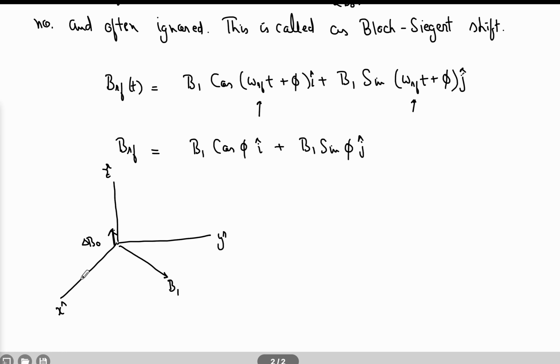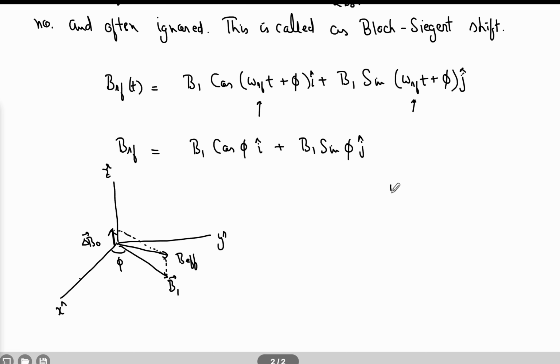And if this is your φ, then this side will be called B1 cos φ, and this will be called B1 sin φ. So the vector will be given as B1, right? So ΔB0, and the effective field will be the vector sum of these two, which will be somewhere like this. So the vector sum is given by B effective.